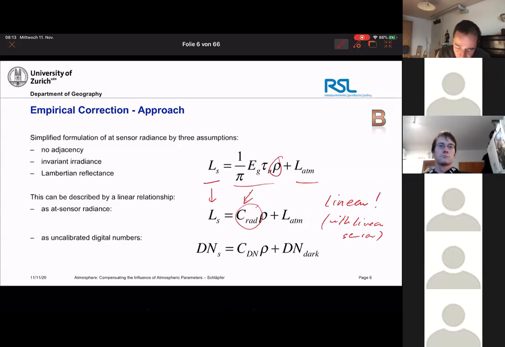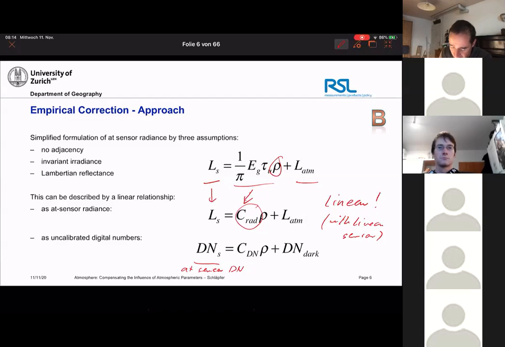And the same equation, if it's calibrated, can also be used in a non-calibrated state. Then you will have the digital numbers at sensor, DN at sensor, which is related to the reflectance just by a calibration gain, which is just telling us how much DN we get per reflectance. This gain not only includes the terms above, it also includes possible calibration information from the sensor.